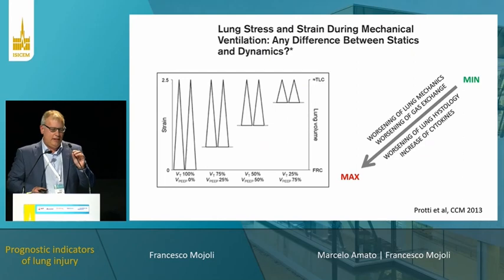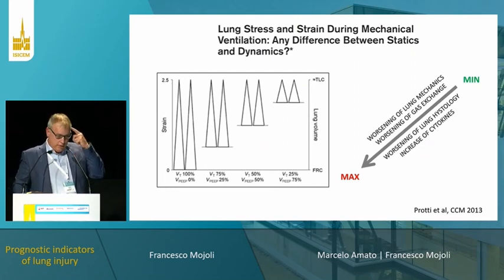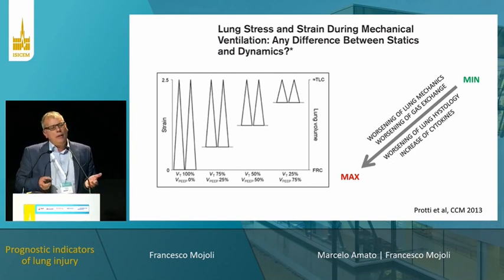These are the findings of Alessandro Protti, again from Milano, the group of Gattinoni, clearly showing that maybe there is a difference in the capability to generate lung injury between static and dynamic stress.